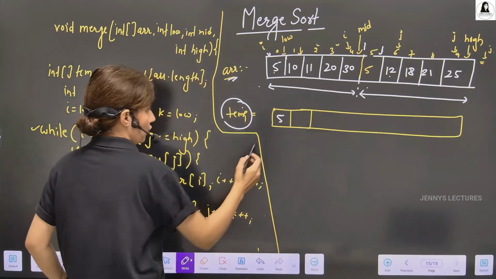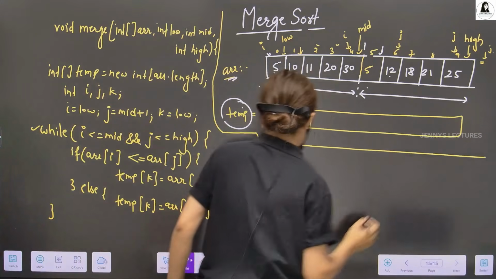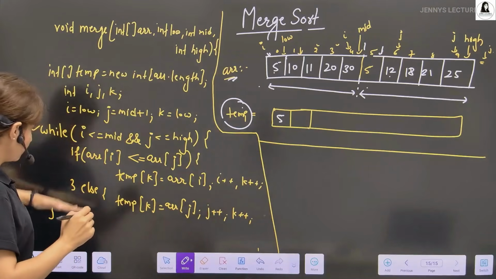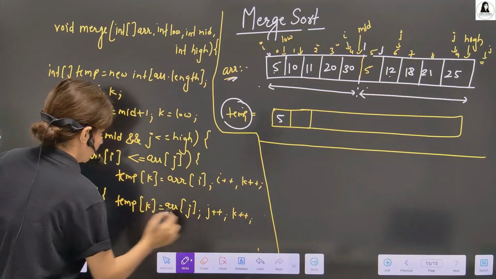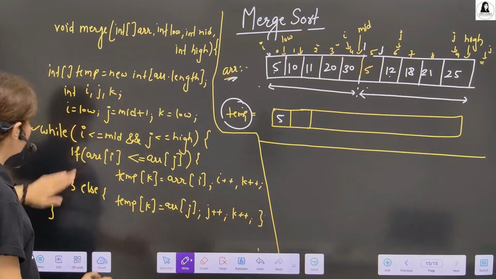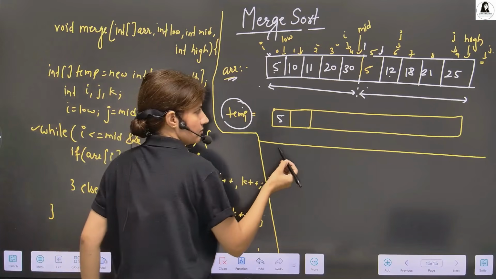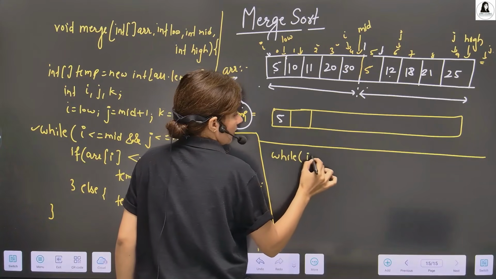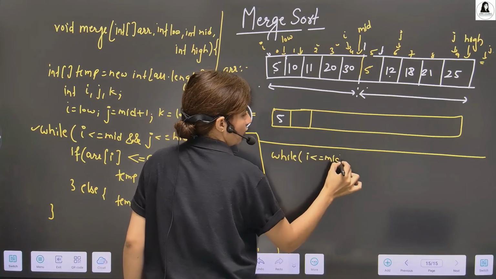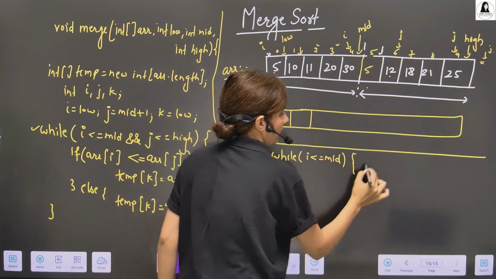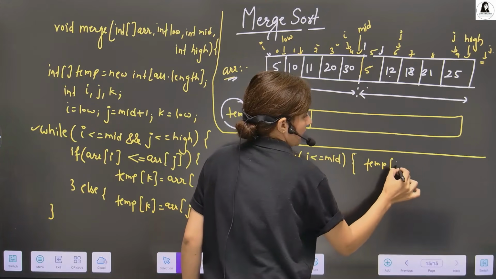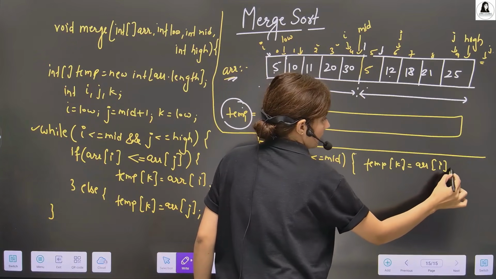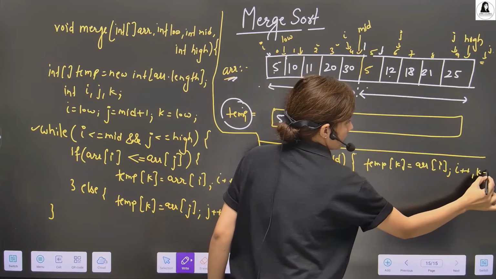Now after this, what we write? After this while loop, after closing of this while loop, yes, we close this else here, then we close this while loop here. We write, suppose, while i is less than or equal to mid, same while loop you can write. We just keep adding temp of k is equal to ARR of i, and i plus plus and k plus plus.